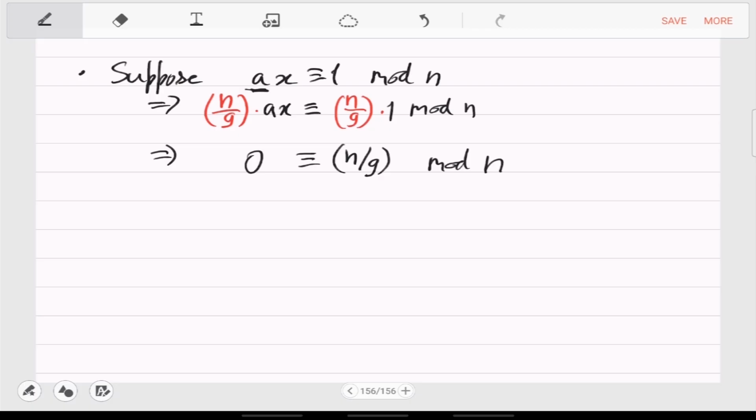Is this true? Could n by G be 0? Since G is greater than 1 and G divides n, this is a number between 1 and n, so it obviously is not 0. Its value is smaller than n. So that's a contradiction, which means that A inverse doesn't exist.